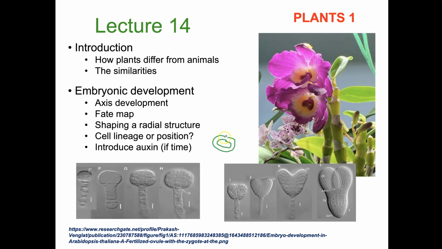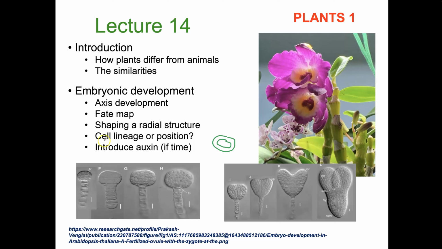And the idea is, how do you shape this? How do you make it grow? And there's different ways this occurs through changing the plane of cell division, and that's a main theme for that kind of growth.